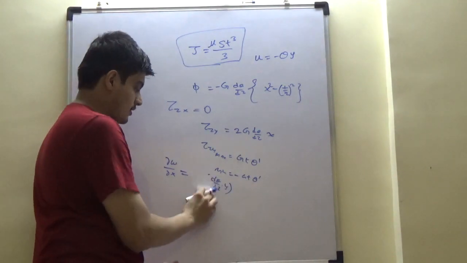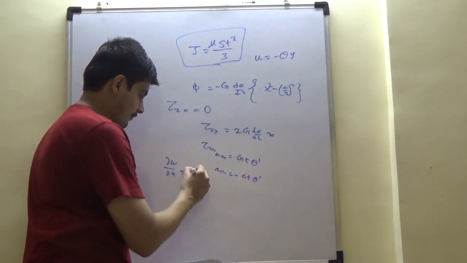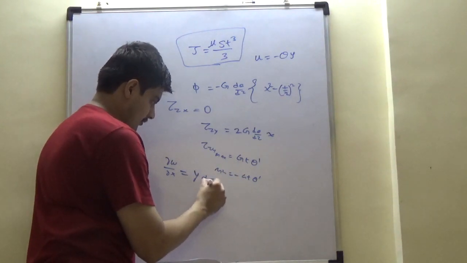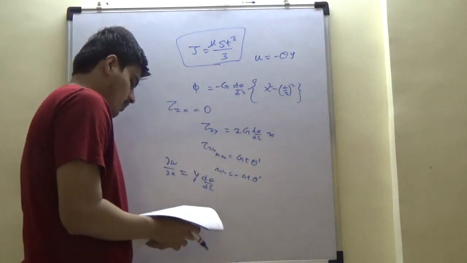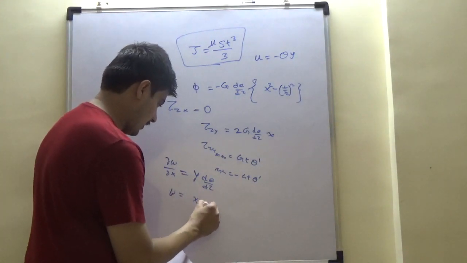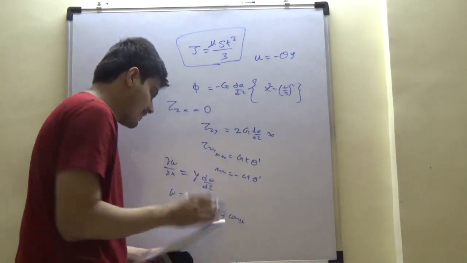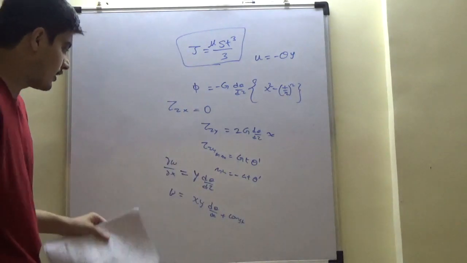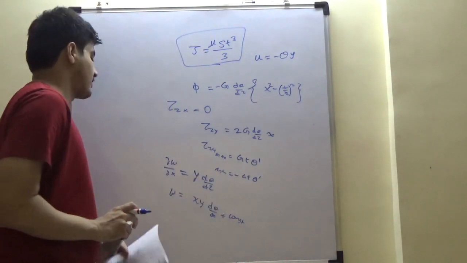So this becomes y into d theta by dz, right? So I get w as x y d theta by dz plus constant. I can simply integrate, there is no x function here. So warping function is something like this.